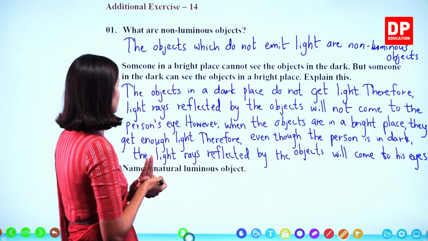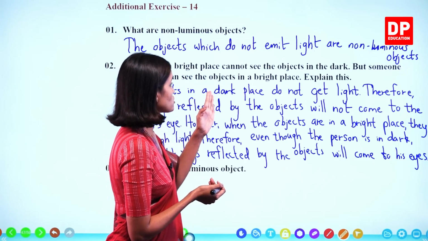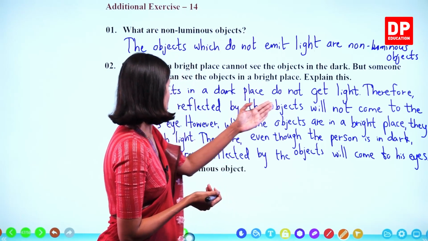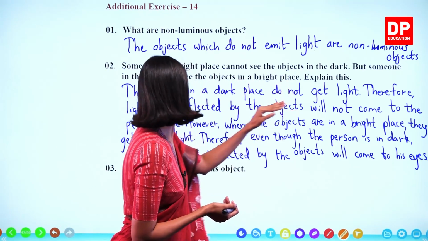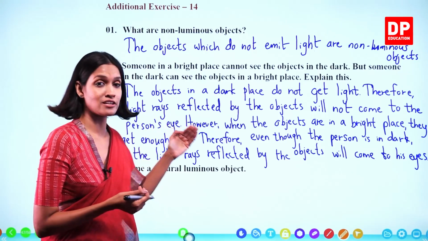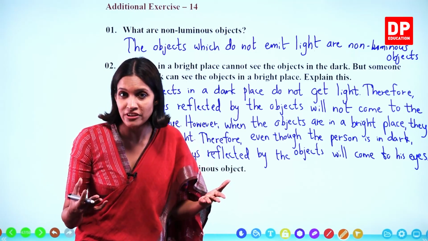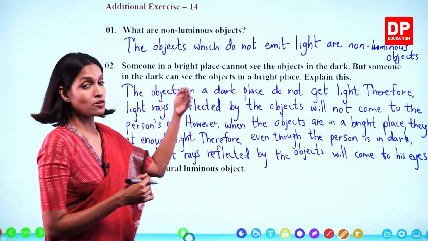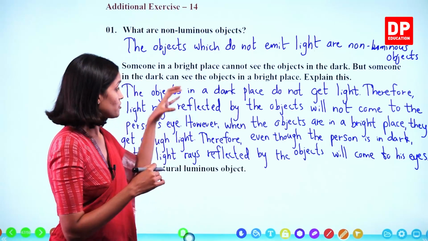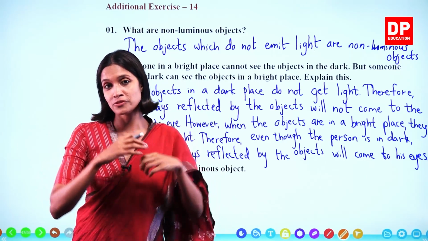Okay, children, we will read this answer. The objects in a dark place do not get light. Therefore, light rays reflected by the objects will not come to the person's eye. That is because no light rays fall onto the objects to reflect, right? If the light rays should get reflected by the objects for us to see them, first of all, some kind of light rays should fall onto the objects.